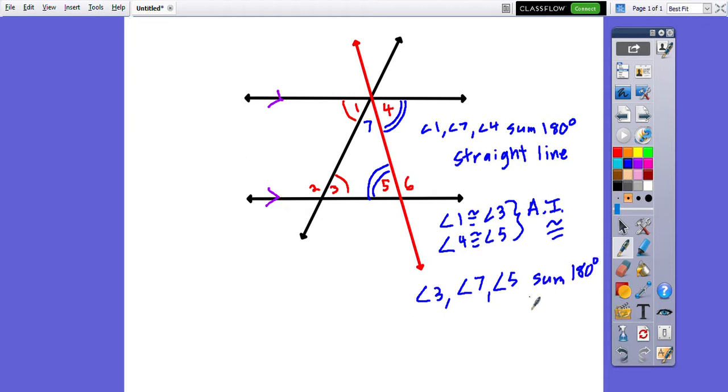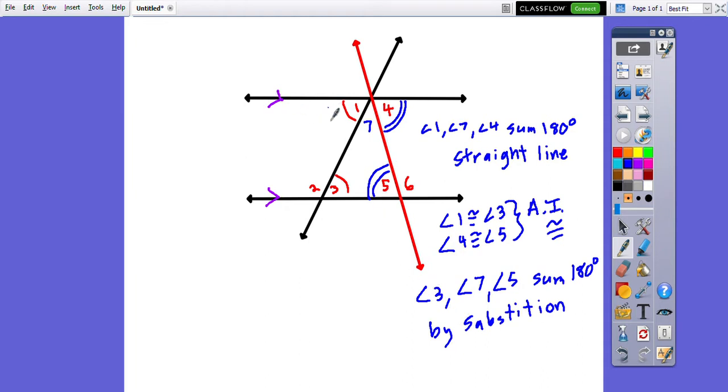I'm going to be a little fast and loose, but I'm going to say by substitution. Now, that's going to be for all triangles.